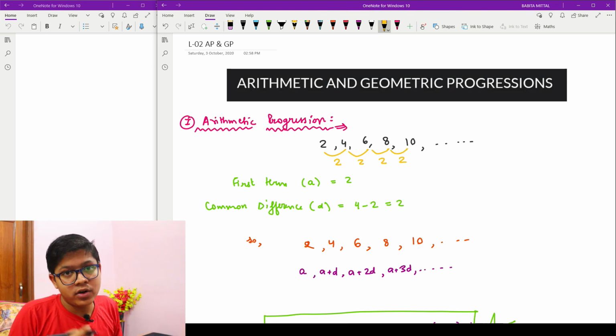These kinds of series are called the arithmetic series, and thus we will study these series in arithmetic progression.